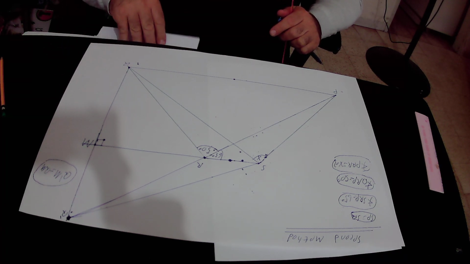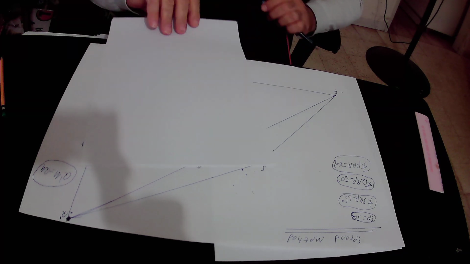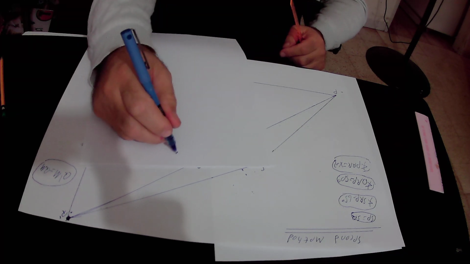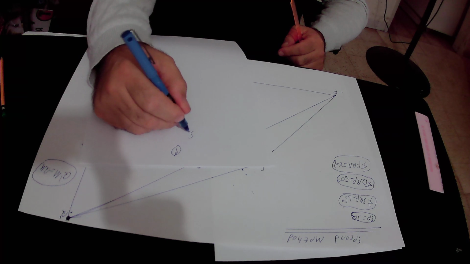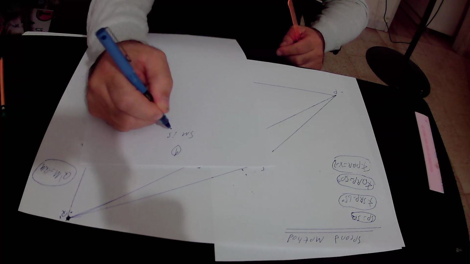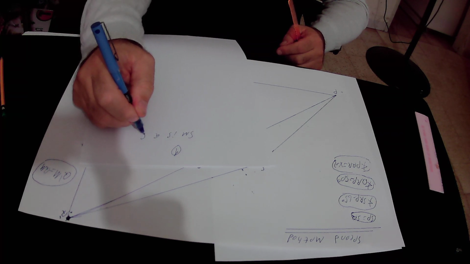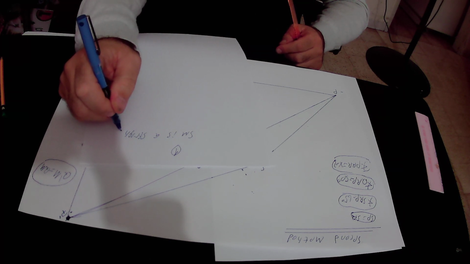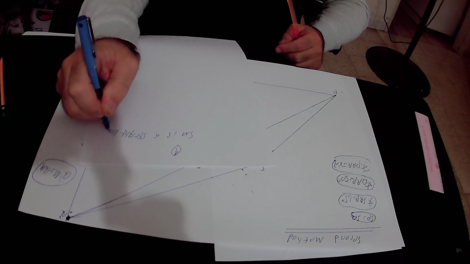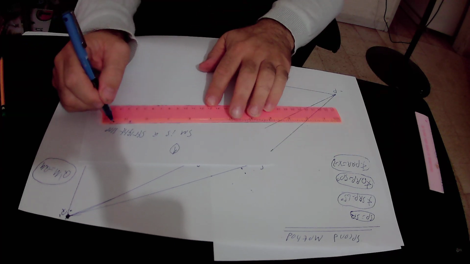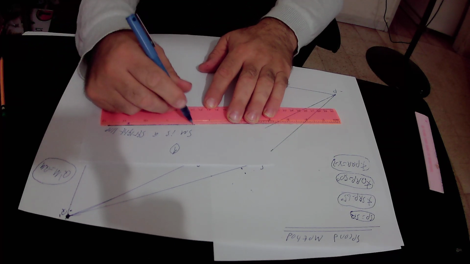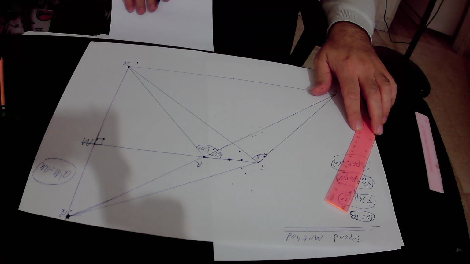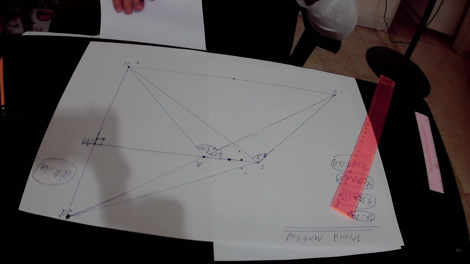So I'll write it down. So we actually know that SM is a straight line, and we have rule number 1 that states that the sum of the angles on one side of a straight line is equal to 180 degrees.